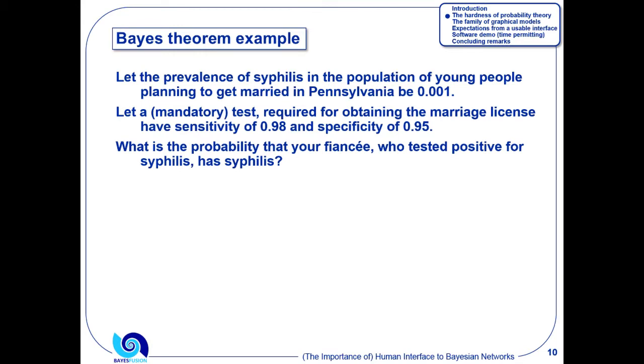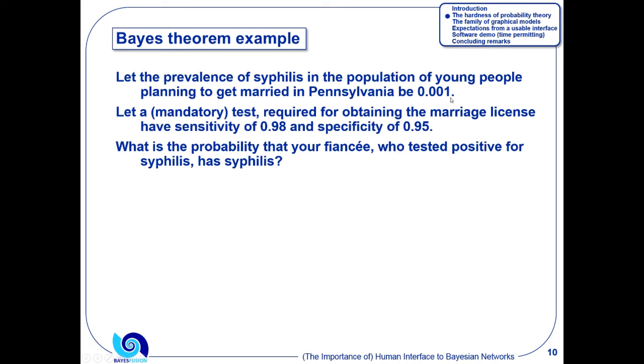Here is a simple example that I give to my students whenever I teach these methodologies. Until the 1980s, there was a mandatory test for syphilis whenever somebody wanted to get married. To get a marriage license, you had to go through this test. Suppose you and your fiancé go and take the test, and then your fiancé comes back with a positive result.